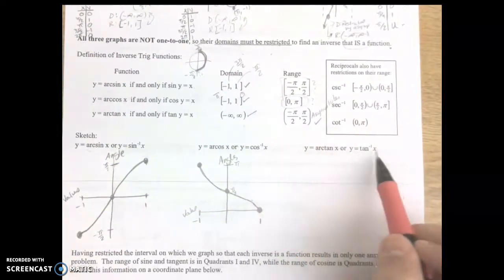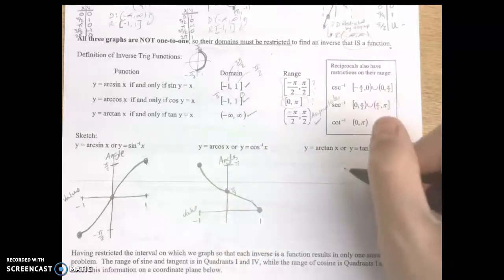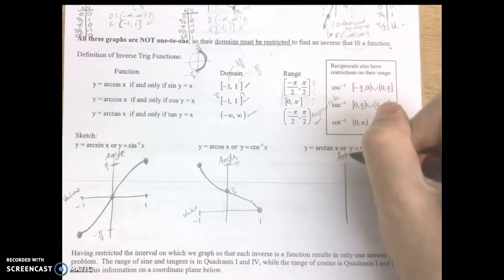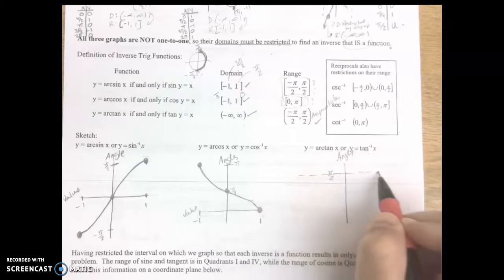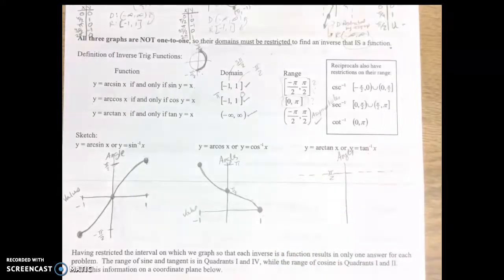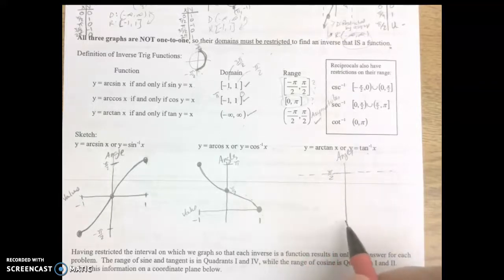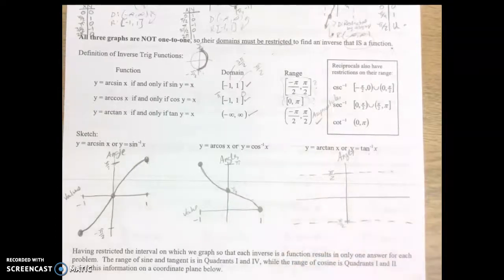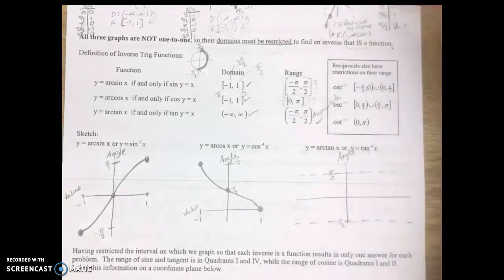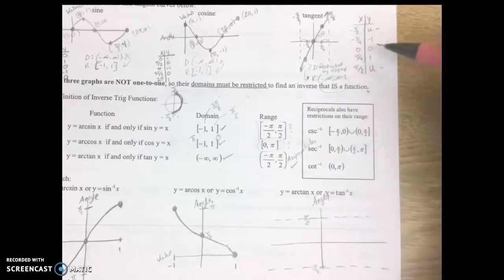Okay, arctangent, or tangent to the -1. Our range is going to be restricted. So here's my angles. And so at pi over 2, there's going to be an asymptote. Okay, and then at -pi over 2, so here's my x-axis there, there's another asymptote. And remember, tangent was always centered, so when the angle is 0, the value is 0.